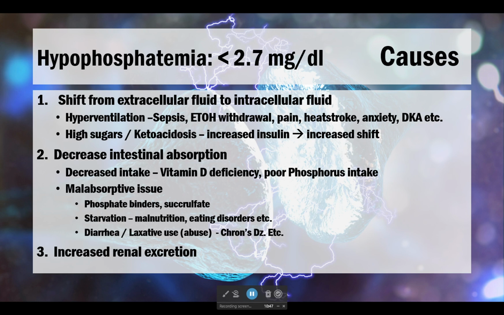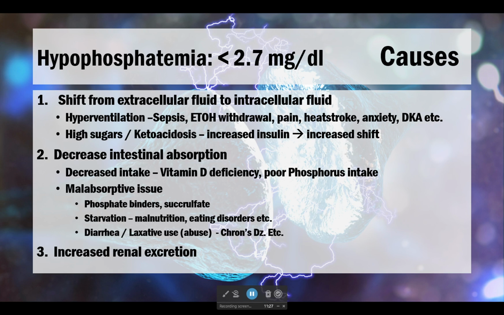Phosphate binders are medications that bind phosphorus in the gut and prevent it from being absorbed. So it's different from the other two. The patient has actually consumed the phosphorus. They're taking phosphate binders, perhaps because their nephrologist wants them to because of kidney issues, and the phosphorus they've ingested is now getting bound and moved out of the gut. If the dosage is too high, it could eliminate too much phosphate.